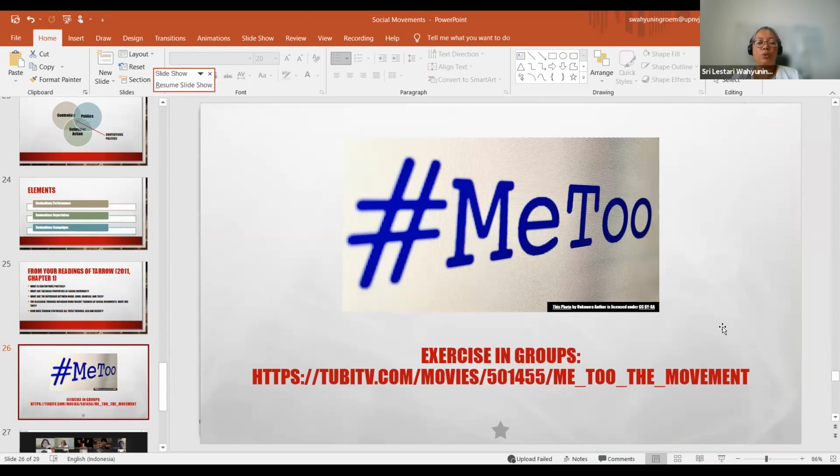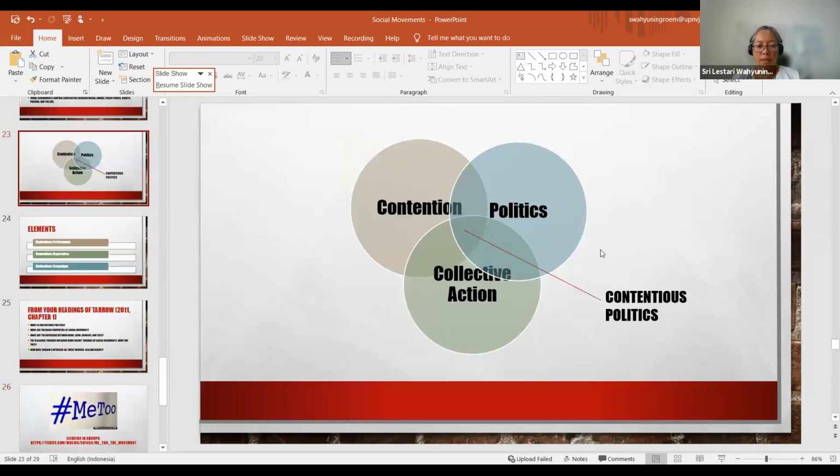Try to outline these elements in your reflection.